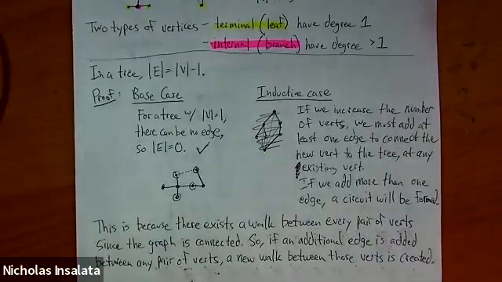Okay, so how does that mean there's a circuit then? Why would it be that if we have two different walks between a pair of vertices, that means there's a circuit?